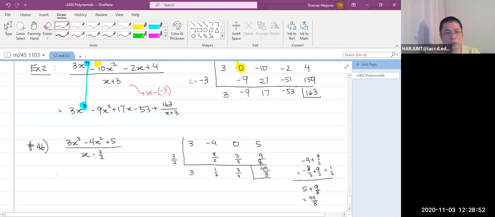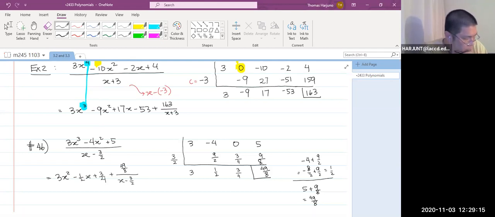So this is equal to 3x squared minus 1 half x plus 3 over 4, plus 49 over 8 over x minus 3 halves. That's for synthetic division.